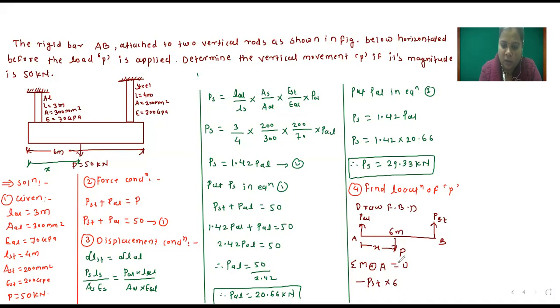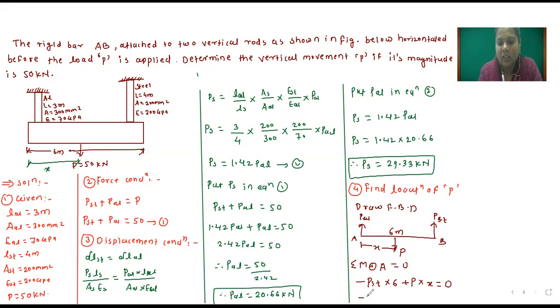Now this P force creates a clockwise movement. So plus P into the perpendicular distance X, which is equal to 0. Now we will put in the values.